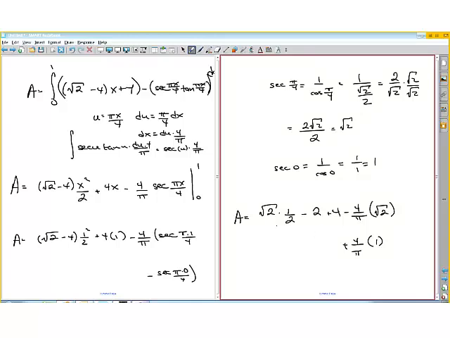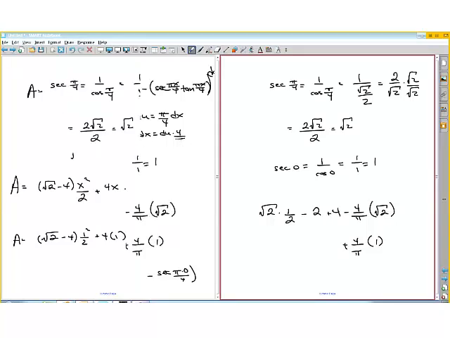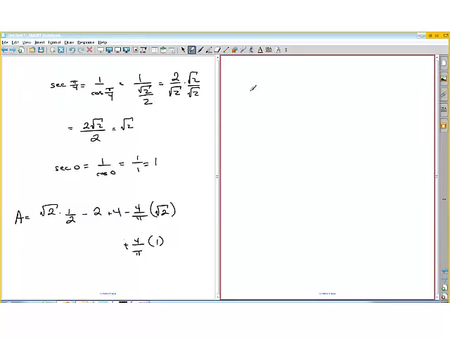But I think everything else is okay. Just checking all these numbers. Yeah, that's all okay. So I think all you have to do is just simplify it a little bit.